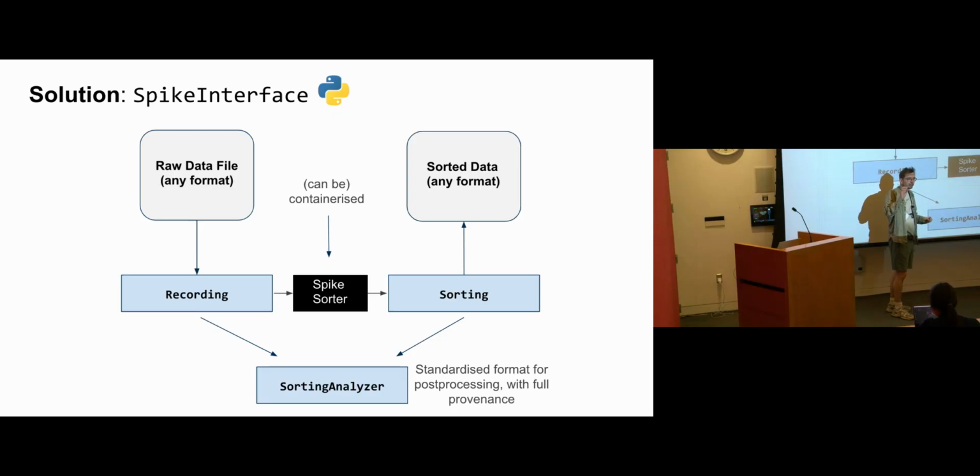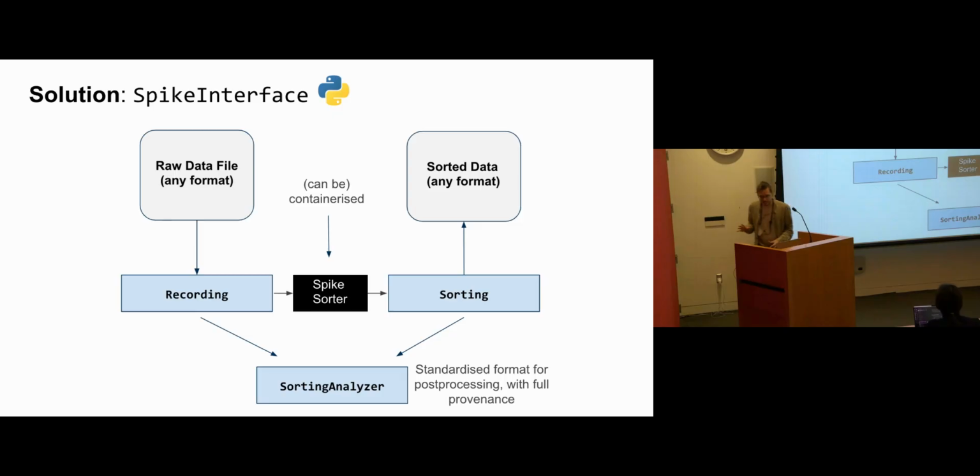And then, once you have your recording and sorting, we've also introduced a post-processing object called a sorting analyzer. And that contains all the things you might be interested in, waveforms and spike amplitudes and that kind of thing. So the issues that we're trying to solve are these incompatibilities between all these different file formats. We're trying to solve that it's quite hard to run spike sorters if you want to try and run all 10 of them.